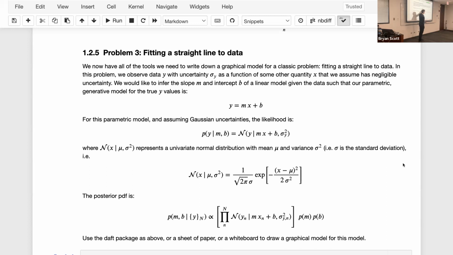We're going to assume that we measure the data Y with some Gaussian uncertainty. And so the probability of Y given the model parameters is just a normal. Have you seen this fancy N for normal? Good. So this is a normal of the data Y given the predicted Y and the uncertainty. By the way, when I use fancy N for normal, I always put the variance instead of the standard deviation, so you'll see it's squared.